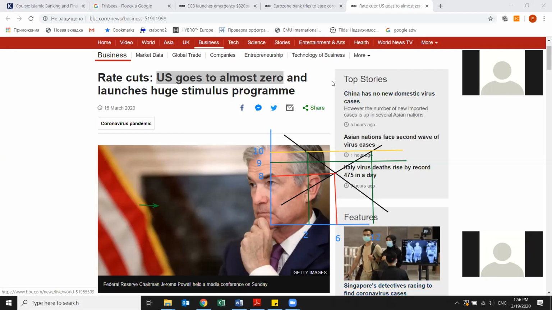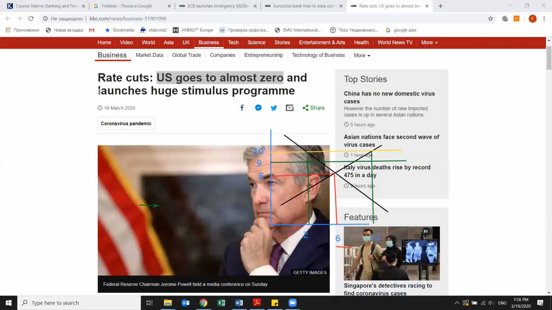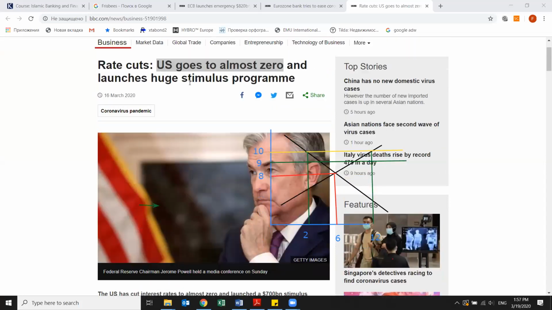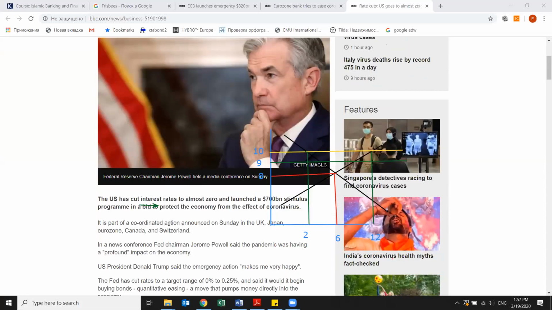So the US cut the interest rate. That means that if the US cuts the interest rate, that will stimulate the economy. Here, you can see that they launch a huge stimulus program, which means if they increase the money supply by reducing the interest rate, they will affect the demand.